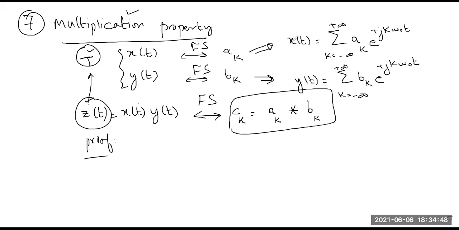So in the first expression, let me replace k by some other integer. Let me call it n. And in the second expression, let me use m. So now the expression is in terms of n.